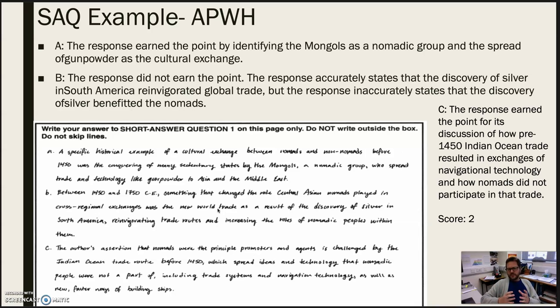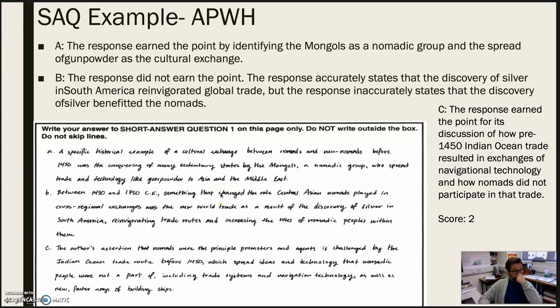The Portuguese, those that were already sedentary. And then C, the response earned the point for the discussion of how pre-1450 Indian Ocean trade resulted in exchanges of navigational technology and how nomads did not participate in that trade. And so we can see how they used that to overcome the challenge.